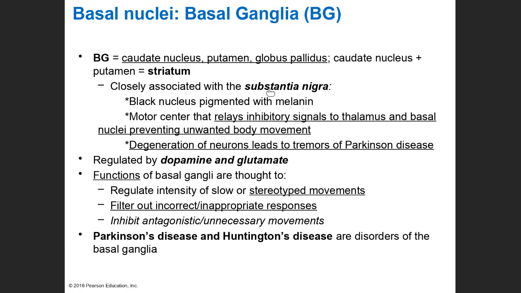Dopamine in this case plays an inhibitory role. Dopamine will be released from the substantia nigra and will inhibit certain neurons of the striatum. Glutamate is always excitatory.